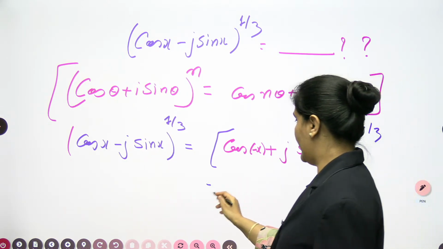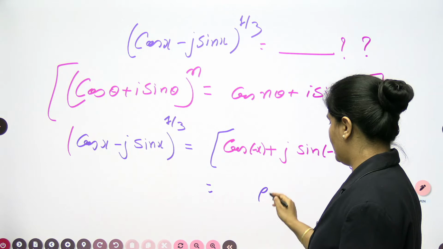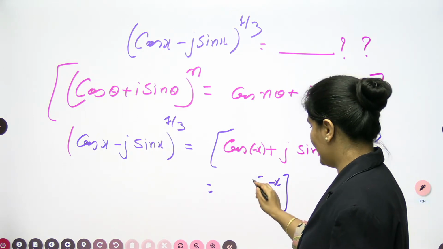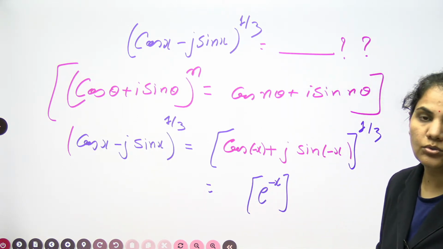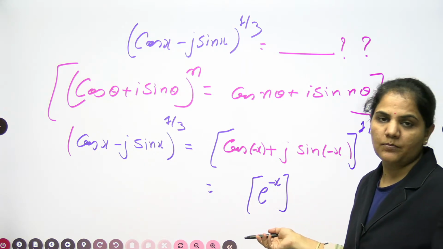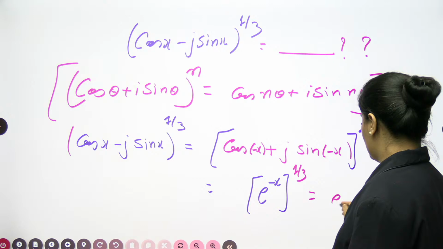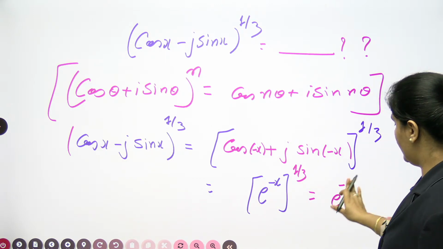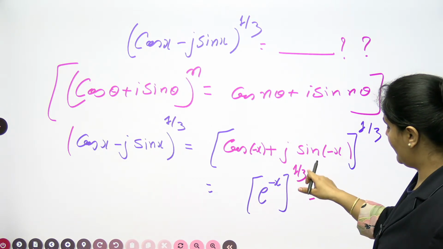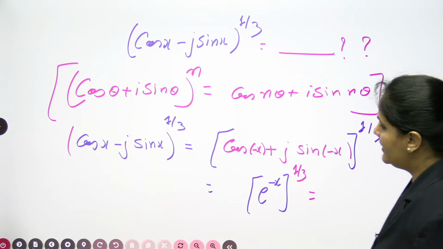Okay, so now I can write down this form as nothing but e to the power minus x. If you want to use this theorem, this process, you can write down e to the power minus x power 1 by 3. So this is actually nothing but e to the power minus x, or power 1 by 3.